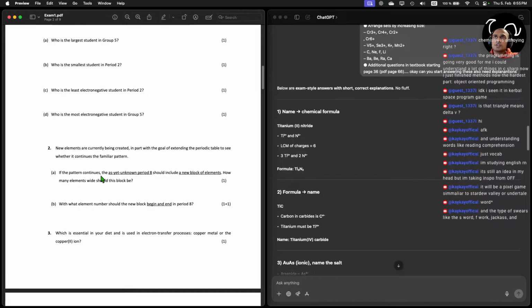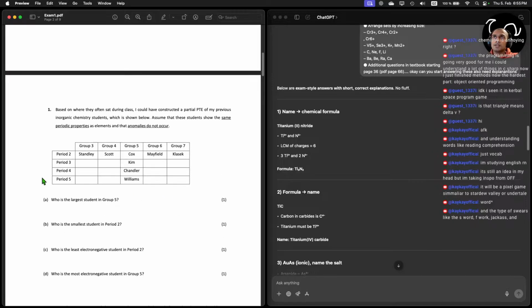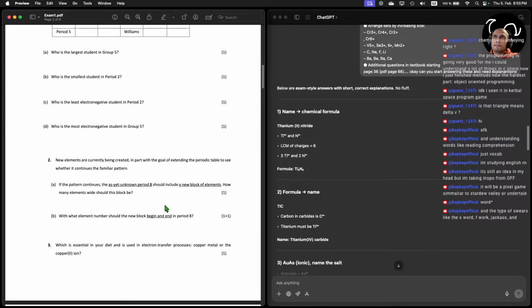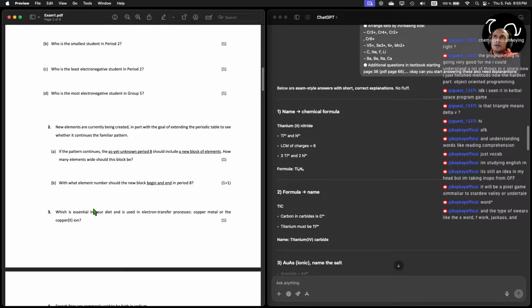If the pattern continues, the as yet unknown period 8 should include a new block of elements. How many elements wide should this block be? With what element number should the new block begin and end in period 8? Which is essential in your diet and is used in electron transfer processes, copper metal or copper II ion? Copper II ion, right? It's ions.